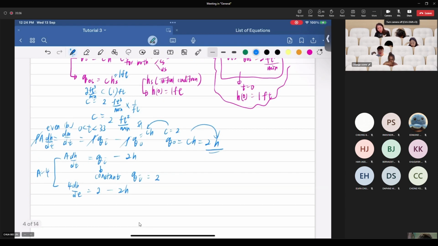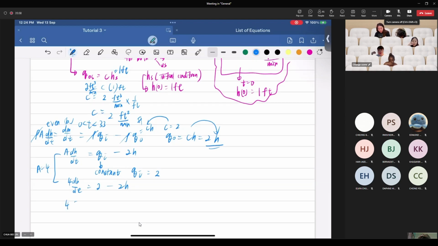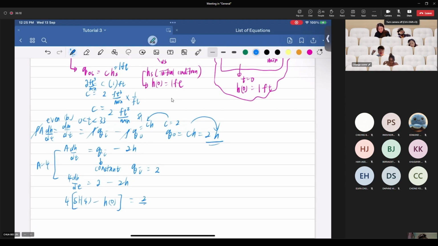You Laplace transform both sides, you'll be having 4shs minus h0 equals to 2 over the s minus 2hs.